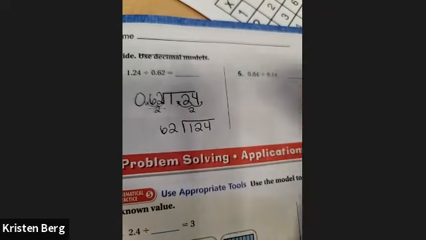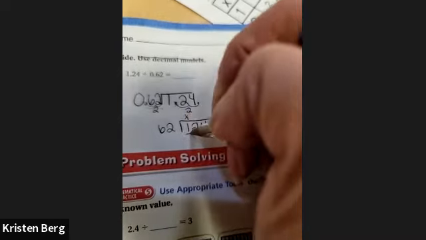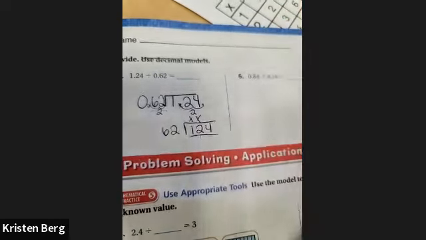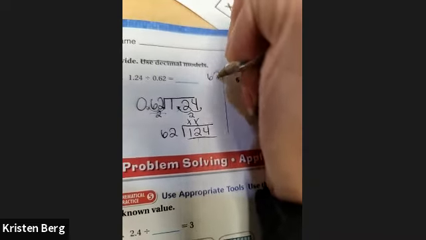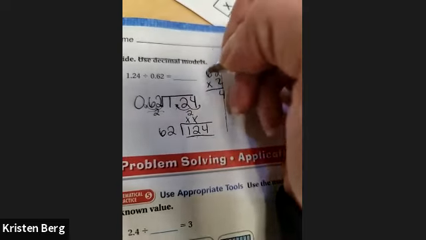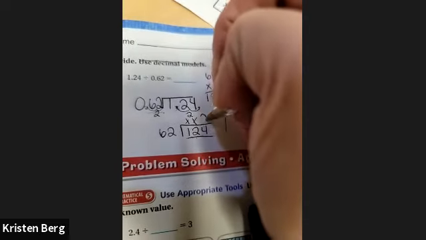So now, can 62 go into 1? No, it cannot. How about into 12? No. How about into 124? Yeah, and I don't think it's by too much, so I'm going to times it by 2. 2 times 2 is 4. 2 times 6 is 12. And that goes in evenly. And that is true.